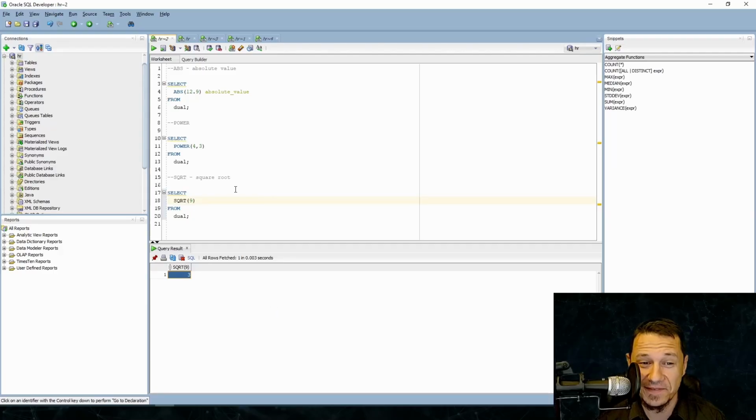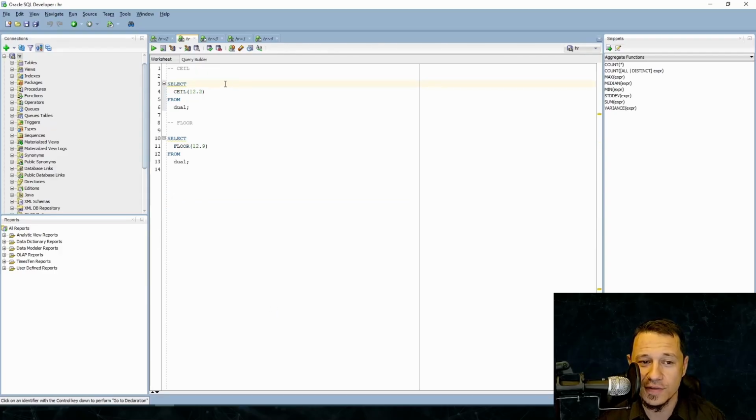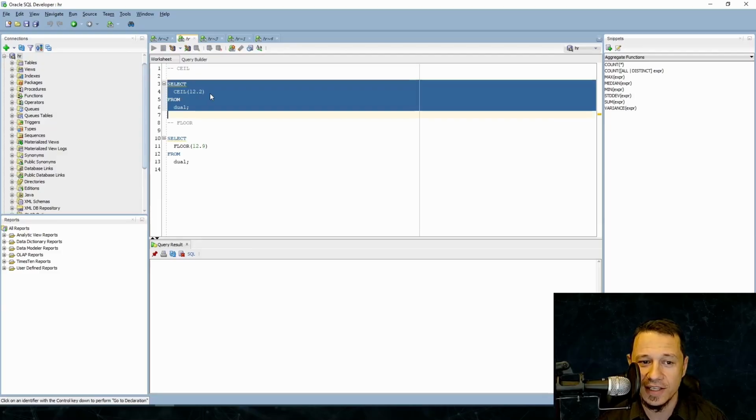Very nice. The following two functions, the CEIL and the FLOOR, return a full integer for a decimal number. So in our example, we have 12.2. The function should return number 13, as the higher number than 12 that has some decimal after it is 13. So let's execute this.